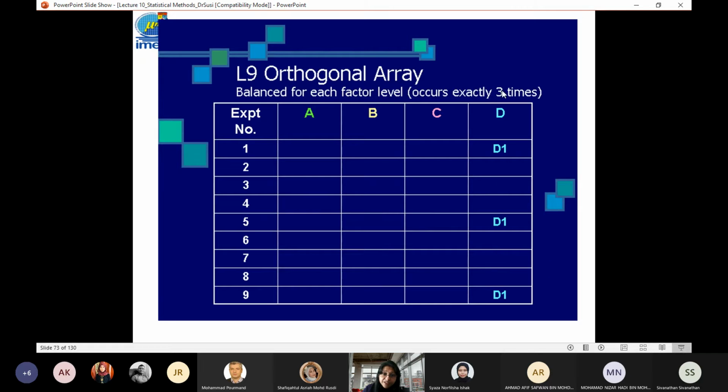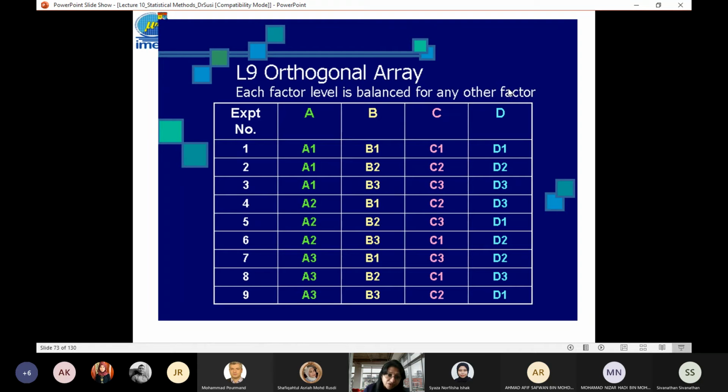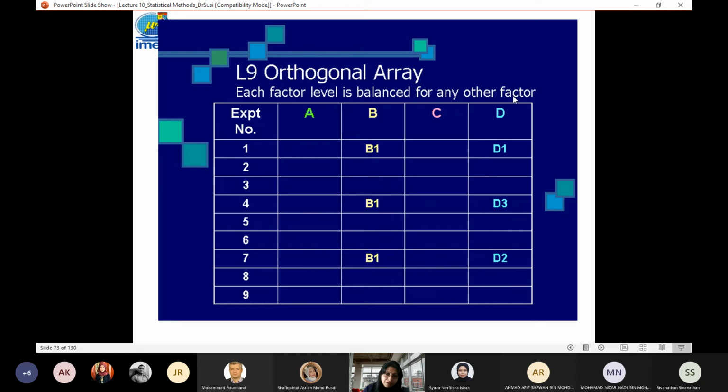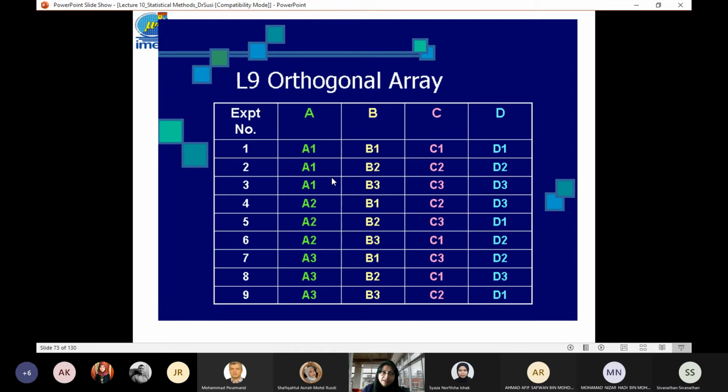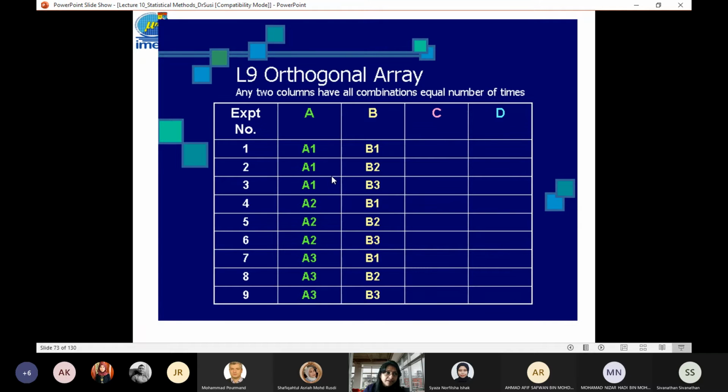What do you mean by orthogonality? Each factor and the levels occur the same number of times, so it is balanced for any other factor. That is what it means by orthogonal array. I showed you L8 and L9. It is similar for L18, L27, L81. They are orthogonal.